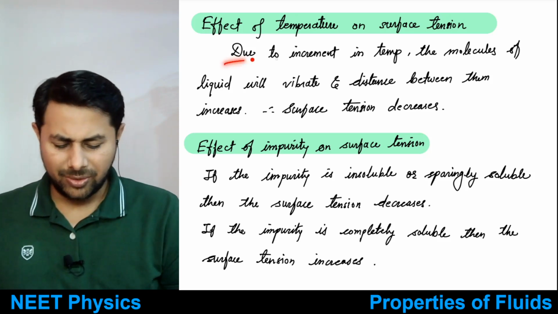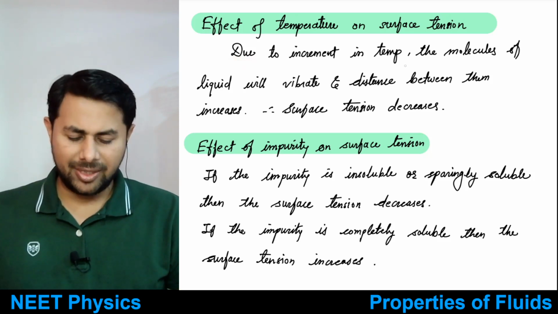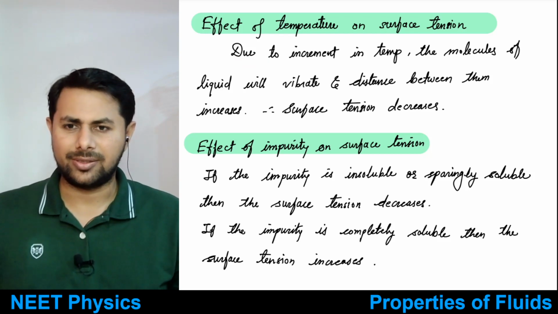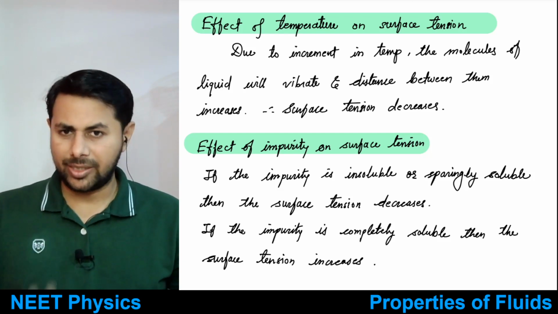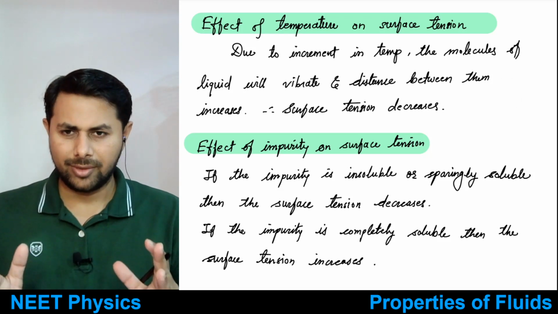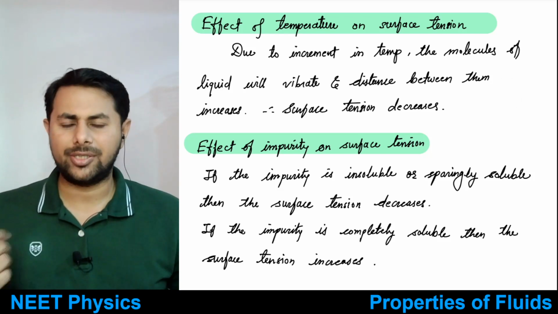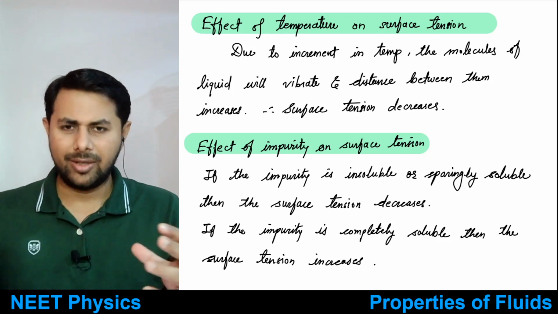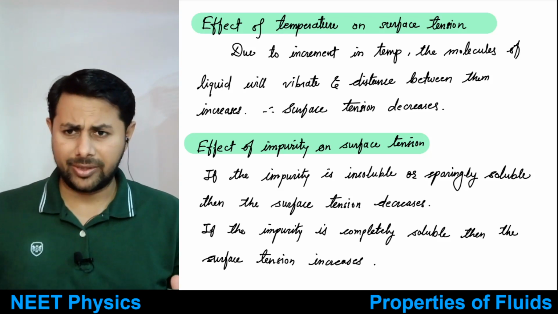So due to an increment in temperature, what will happen? Will surface tension increase or decrease? Surface tension will decrease. The reason is, where does surface tension come from? It comes from the cohesive force between the molecules of a liquid, right?